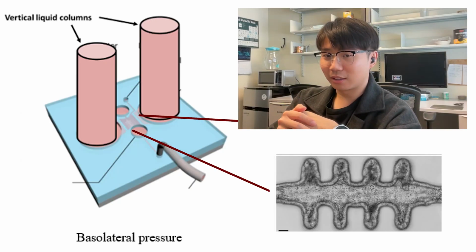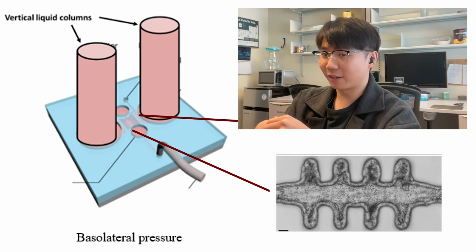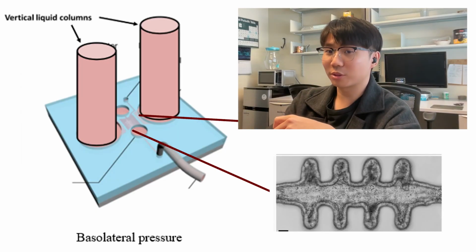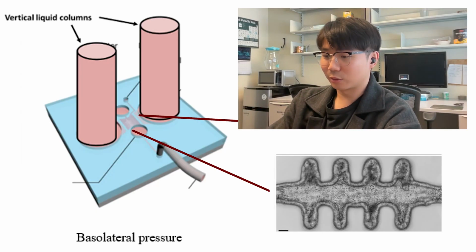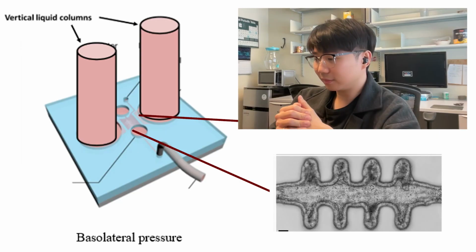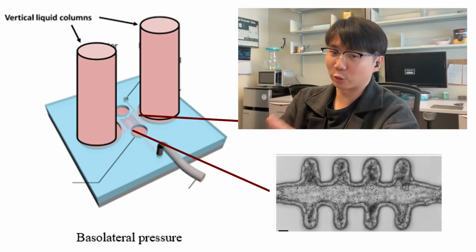But then we thought we could use it for my project. Because now we have access to both sides, it would be very easy to find a way to induce a pressure that would have an effect on one side or the other. Before, if you just put an organoid under pressure, it would just equalize on both sides.